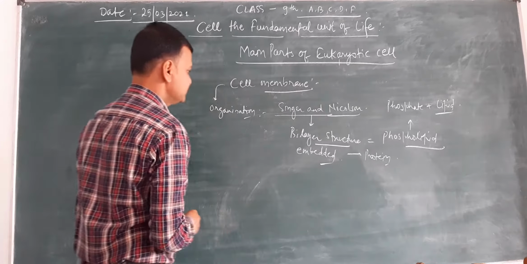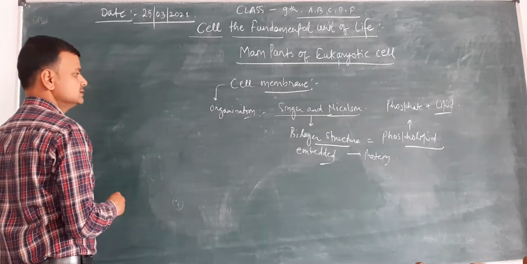If we show the arrangement, according to the Singer and Nicholson model, there are two layers of phospholipid. What I am drawing here is the bilayer of phospholipid, and you can see there are two structures drawn to show this bilayer. One is called the head part, and this one is called the tail part.